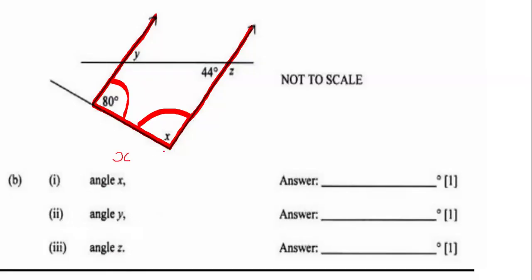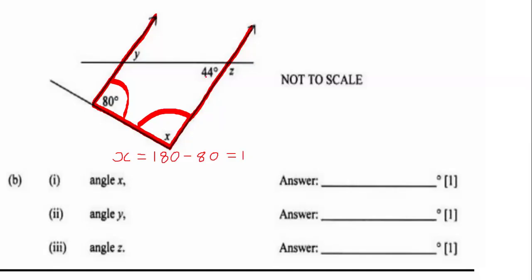So can someone tell me how I'm gonna get X? We have to subtract from 180, so that would give you 100 for X. Very good. So 180 degrees minus 80 degrees. But isn't there a 44 here?